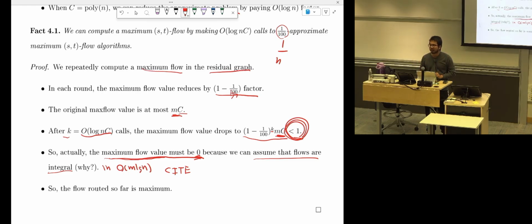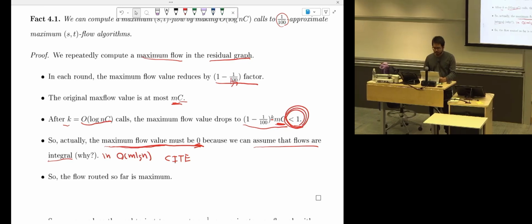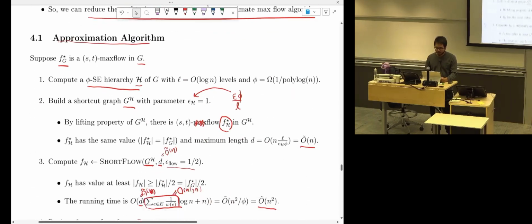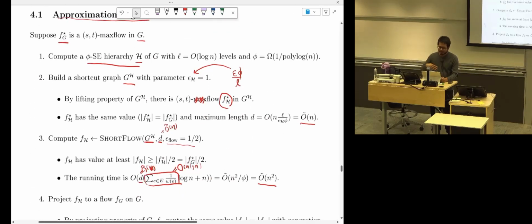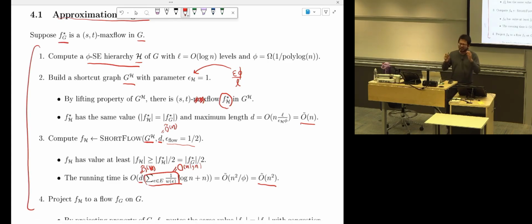Right. But if you got a worse approximation, then you would get a better running time, I guess. So basically, the approach here will not give you, I don't know how to make it faster if I want worse approximation.